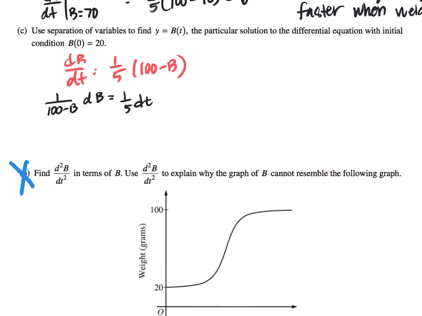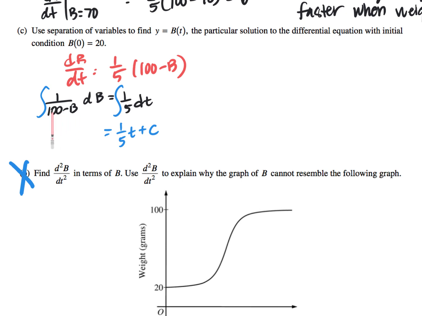Here's where they're going to give you 2 points because the antiderivative on the left is bad. It's worse than the antiderivative on the right. Let's start with the right. We love it at 1/5. Whose derivative is 1/5 with respect to t? Yeah, 1/5 t, and I'm going to throw a plus C on it. If you get the right side, they're going to give you a point. They're ready for you to mess up the left side. This is a Wednesday.